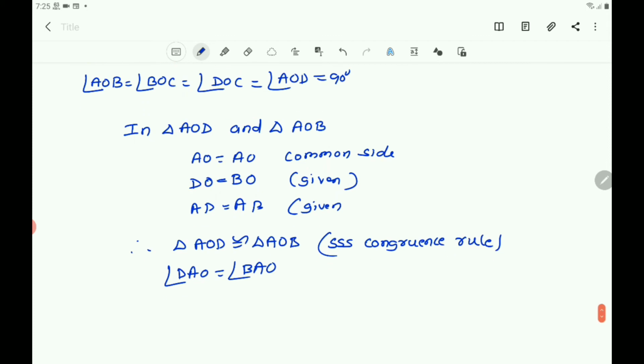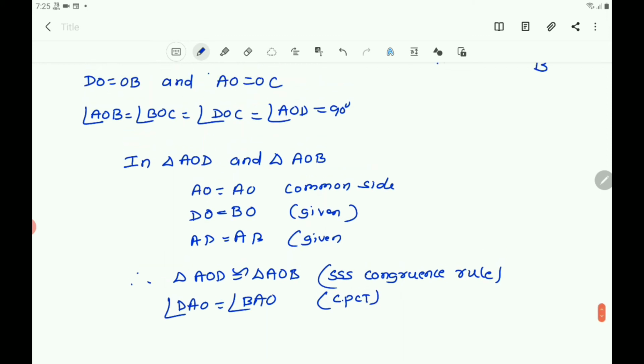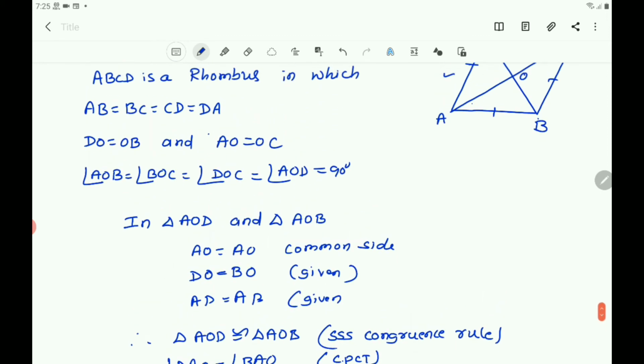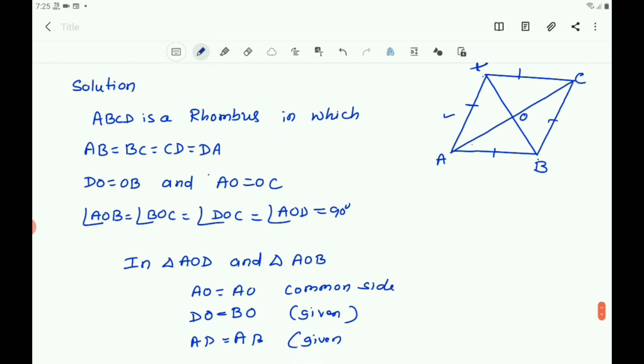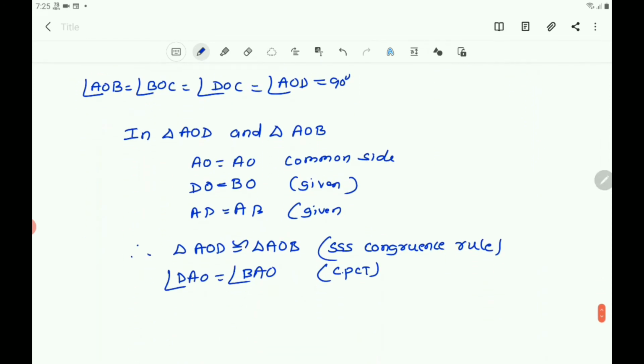So angle DAO equals angle BAO, they are the corresponding angles of congruent triangles. You write CPCT. So you got that, therefore angle A is bisected by AC. Therefore AC bisects angle A.